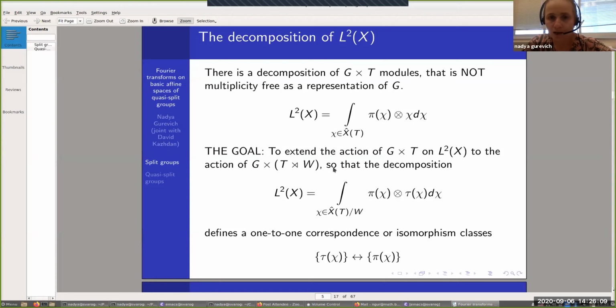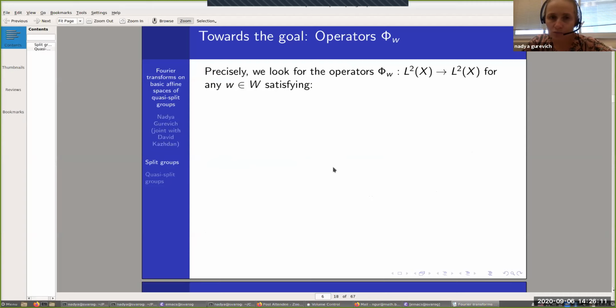Okay. All right. So now let me be very specific about these goals. What we are looking for explicitly: for any element W of the Weyl group, we look for an operator which we denote by F_W. This is an operator on L2 of X, and this family of operators must satisfy: first of all, they should be unitary operators, obviously.